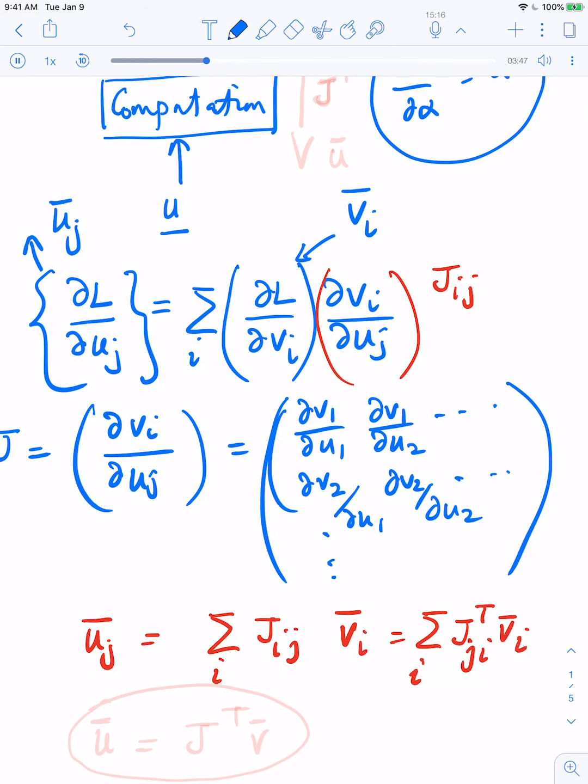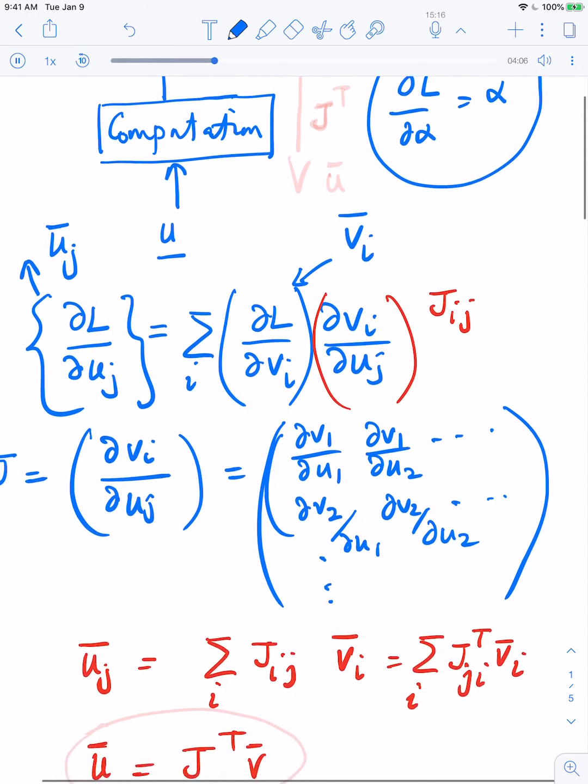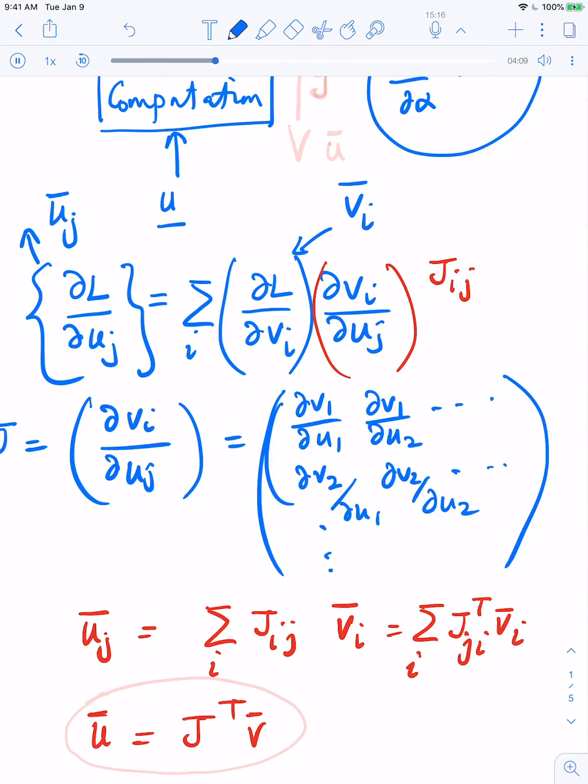So basically, when I write down the entire vector of gradients, u bar on top will be J transpose v bar on top.